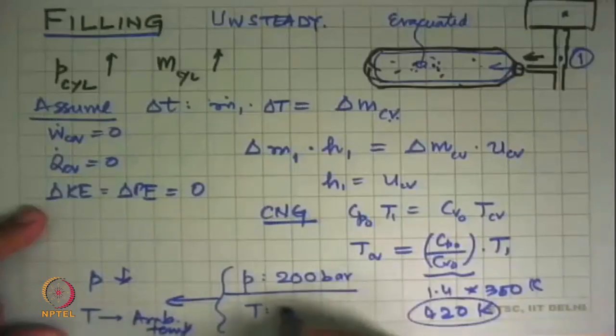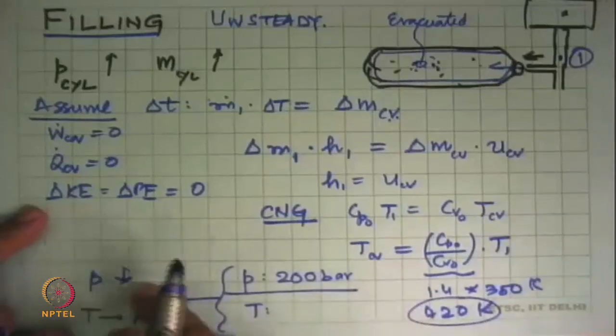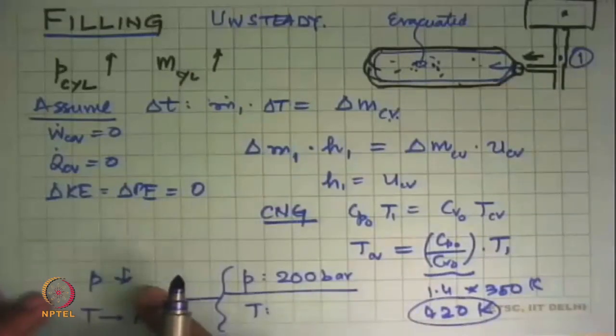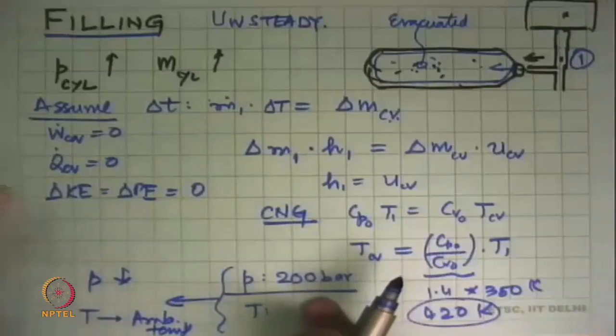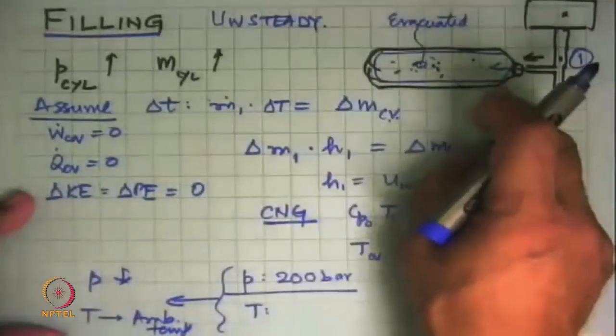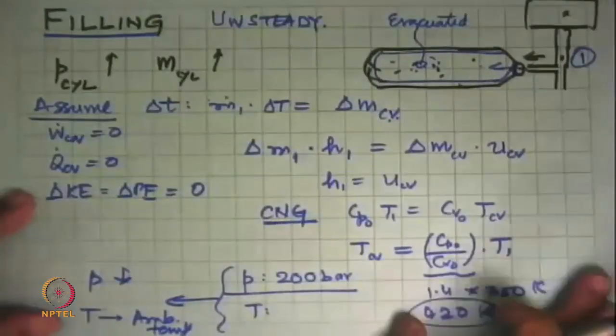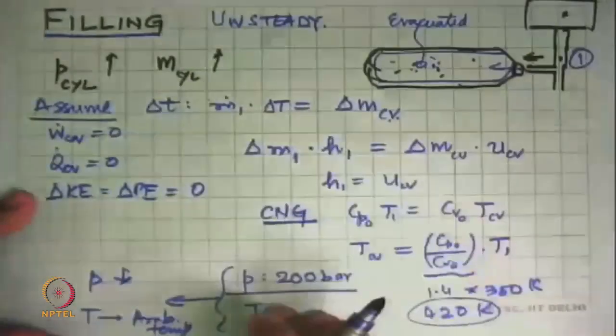So instead of say about 80, 90, 100 degrees Celsius, this will come down and the pressure will be less. But you cannot initially fill it up to more than this, hoping that after it cools down it will come to 200 bar. That is not permitted because the mechanical design of the cylinder does not permit it. So that's what happens in a filling process there.